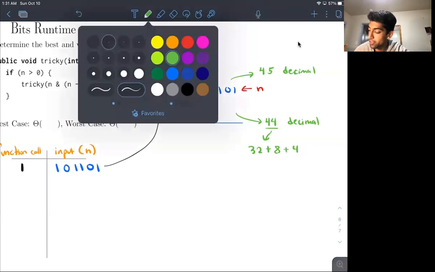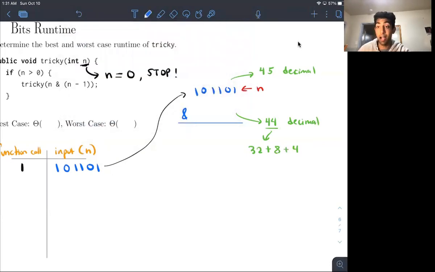So if I'm looking at that number in binary, it's going to be 1, 0, 1, 1, 0, 0, right? And this is corresponding to n minus 1, okay?